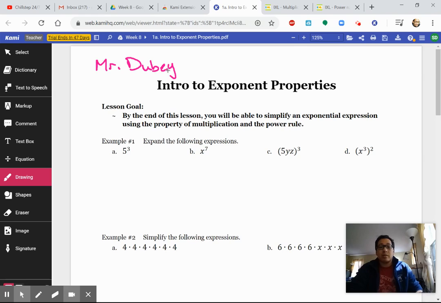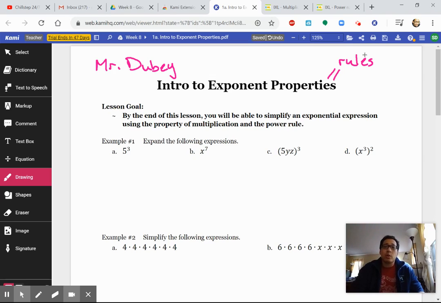But yeah, so we're going to talk about some exponent properties. We're going to take the definition of what an exponent is and break it down and learn some properties. Properties are sometimes just called rules. They're kind of like ways to make things simpler, or shortcuts.